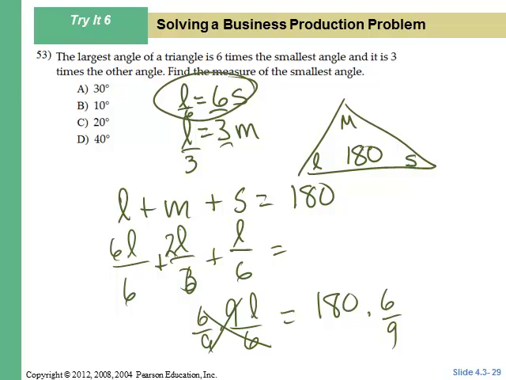And you get the largest angle is 120. The smallest angle is 1/6 of that, which would be 20, and the medium-sized angle would be 1/3 of that, which would be 40. Find the measure of the smallest angle: it is 20.